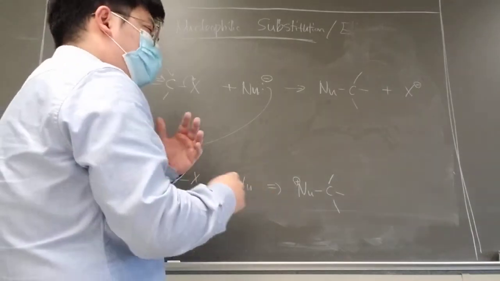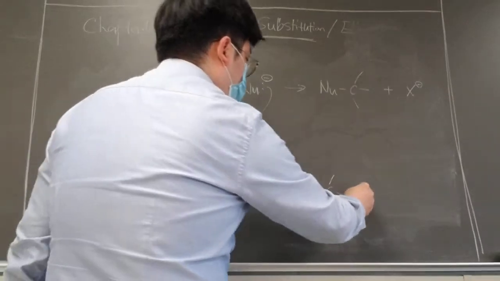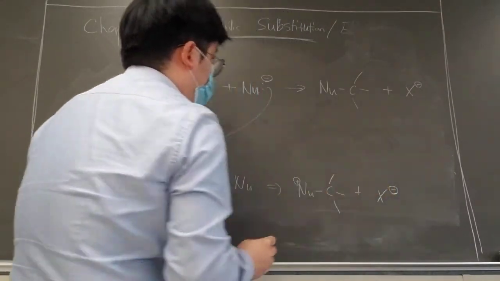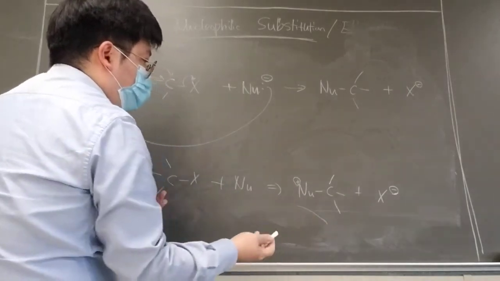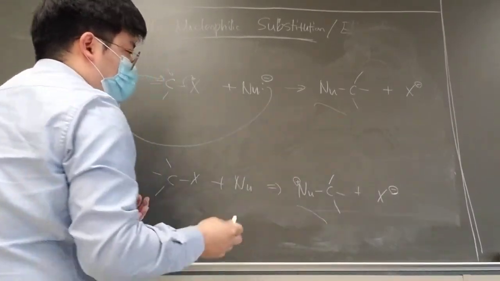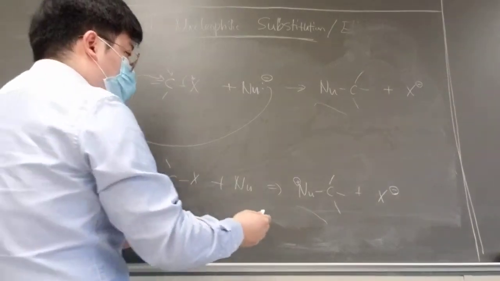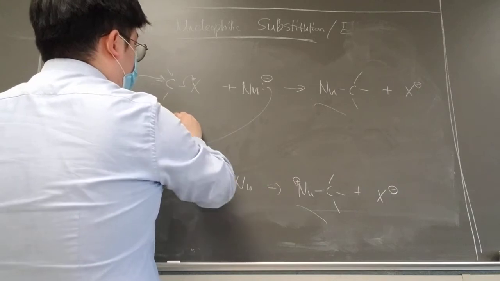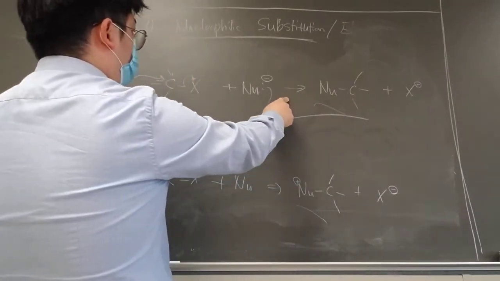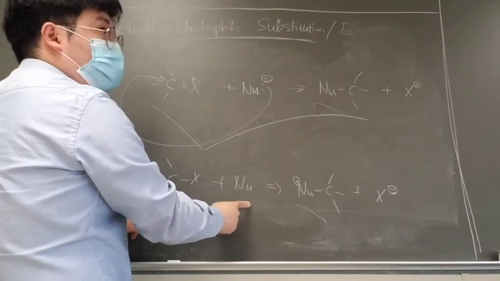So they can still do it, probably somewhat, but obviously this is not quite as stable as the other one, because they carry another positive charge on as a product. So generally speaking, this reaction is more common and more reactive than this one. But this is indeed possible.